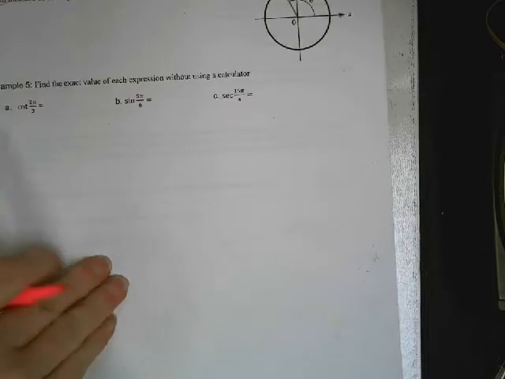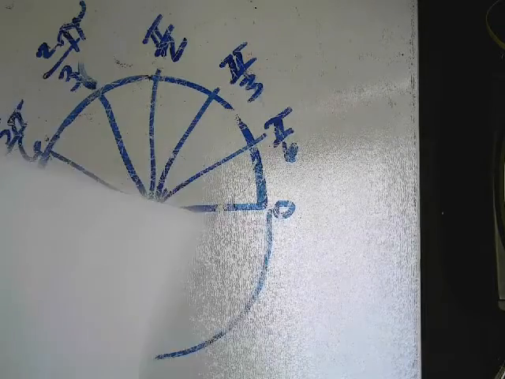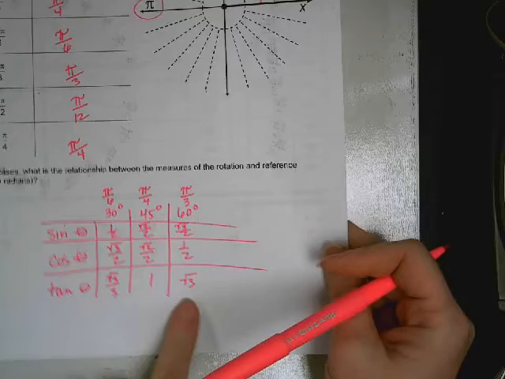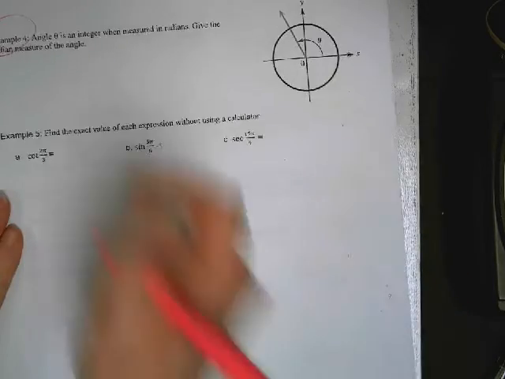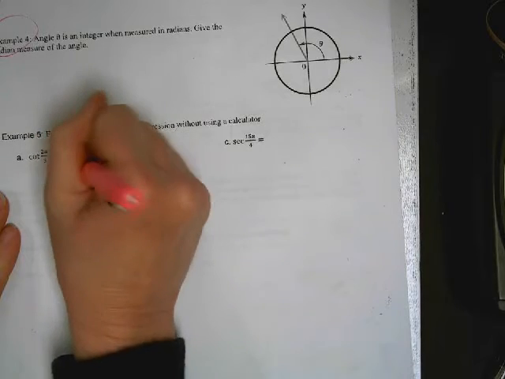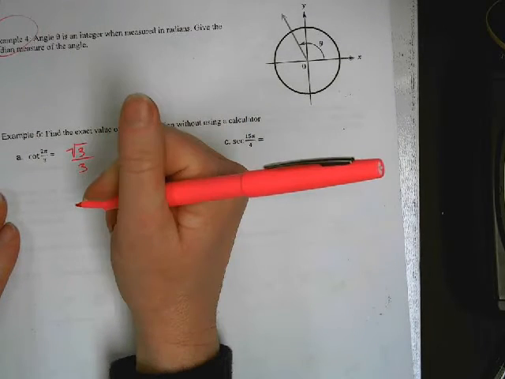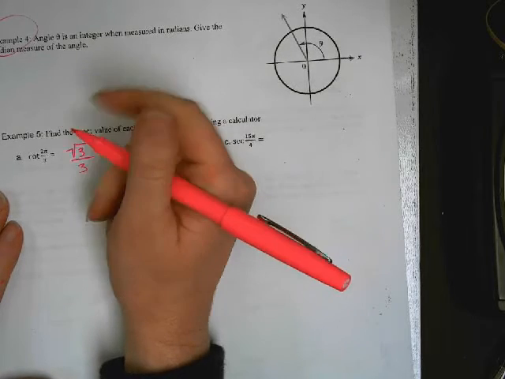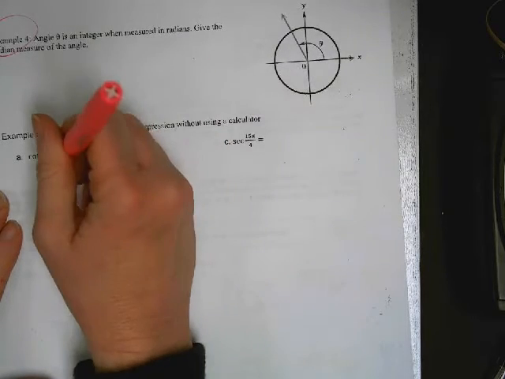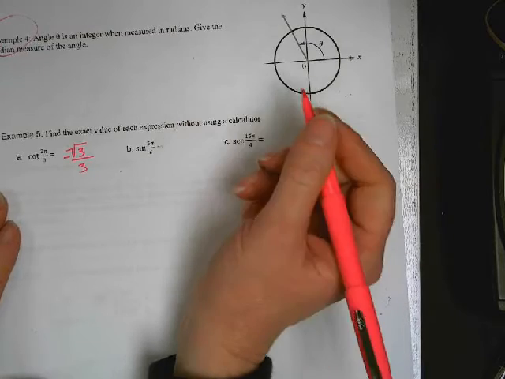So cotangent of pi over 3, well, tangent of pi over 3 is square root 3. So cotangent of pi over 3 is square root 3 over 3. And in quadrant 2, is cotangent negative or is it positive? It should be negative. The only thing positive over there is sine and cosecant.